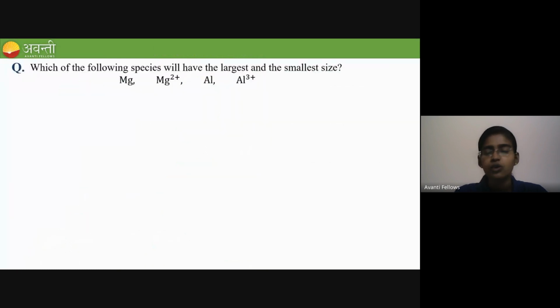Which of the following species has the largest and the smallest size? So 4 species are given to you. Now can you try for this? Can you try which one will have the largest and the smallest size? 4 species are there. Tell me which one will have the largest size. You don't have to give me the order. Just tell me the species which has the largest size among these 4.